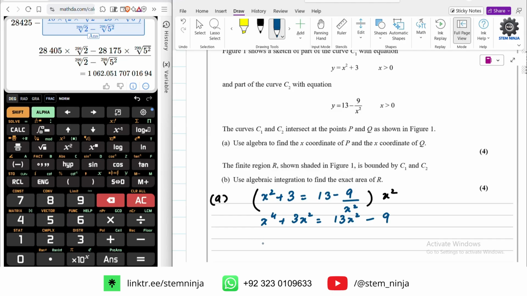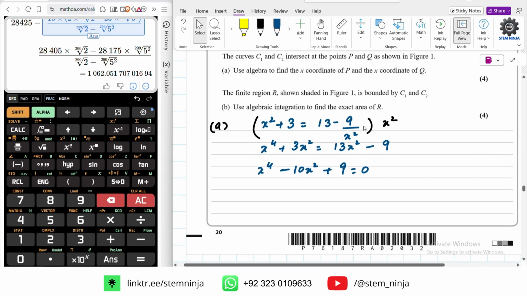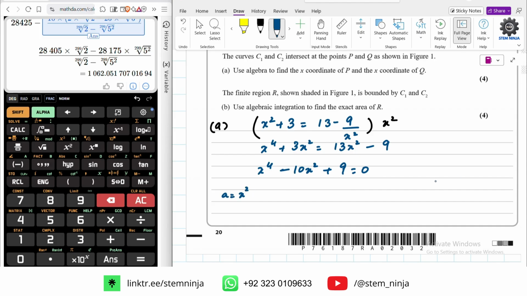We bring everything on one side: x raised to power 4 minus 10x squared plus 9 equal to 0. So now we can replace x squared temporarily with a, and solve this as a normal quadratic equation. Product is 9, sum is minus 10.